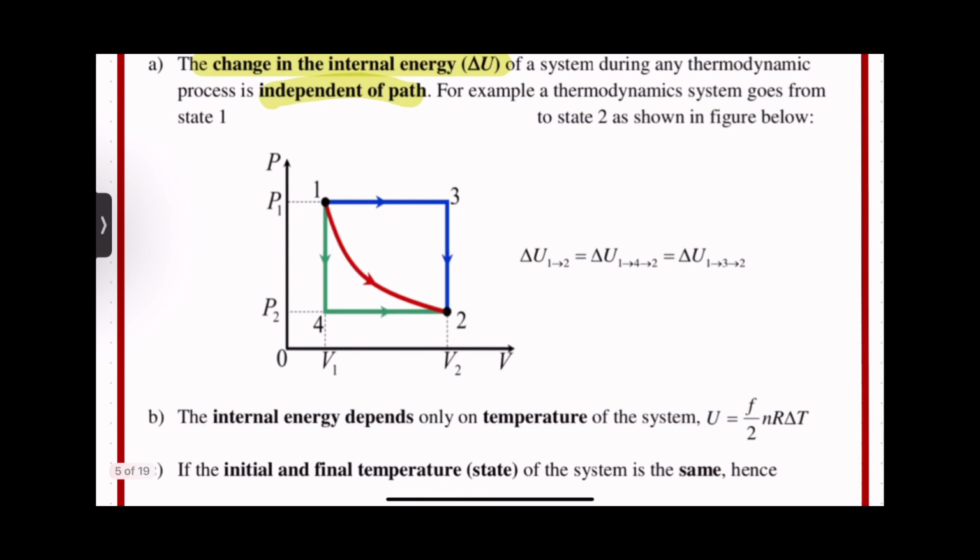As you can see, for the thermodynamic process from state 1 to state 2, the change in internal energy from 1 to 2 is also equal to the change of internal energy of the process 1 to 4, 4 to 2.